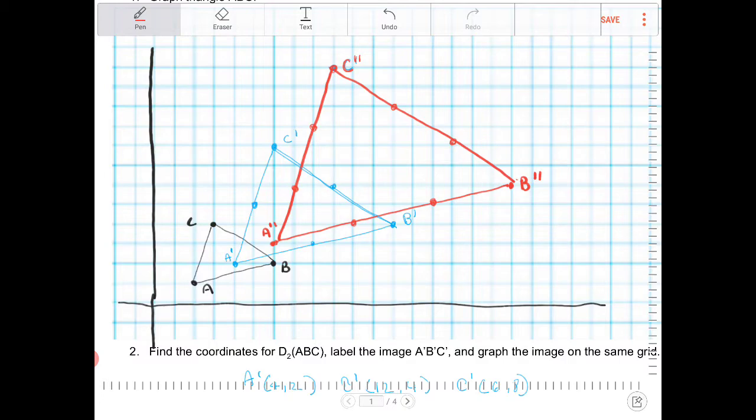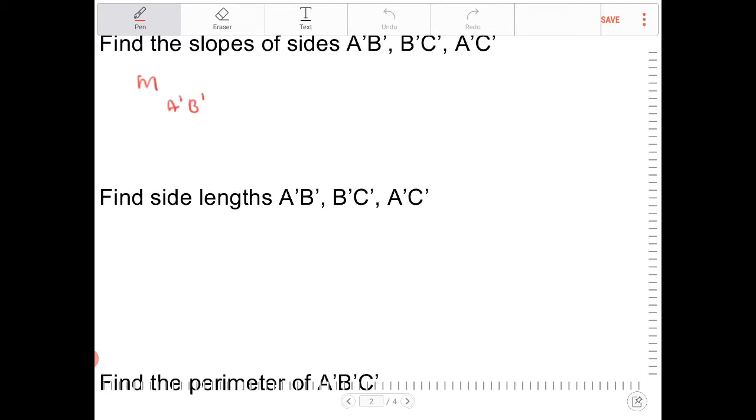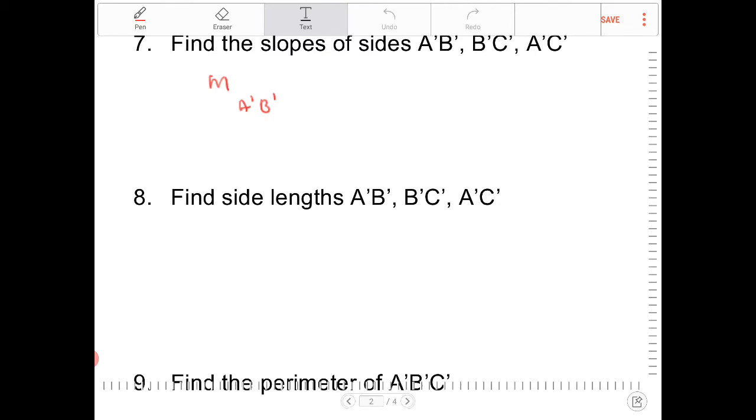So the slope of AB was 1/4, so A prime B prime will also be 1/4. A double prime B double prime will also be 1/4. All of the corresponding sides will have the same exact slope. So if that's the case, this will be 1/4.